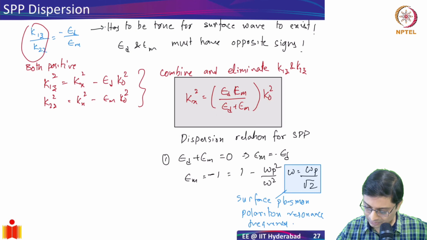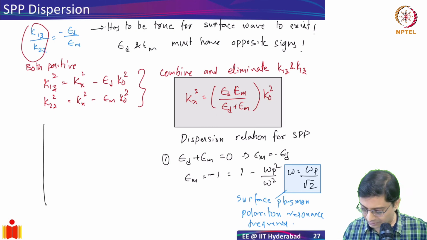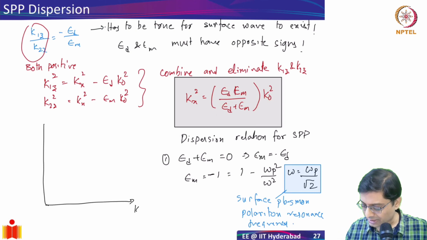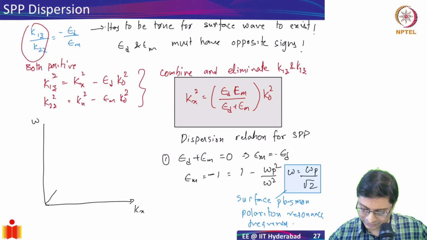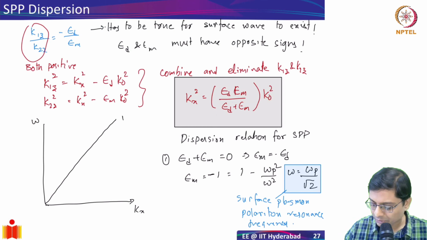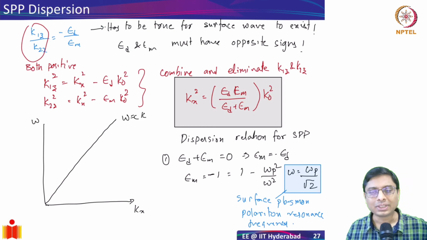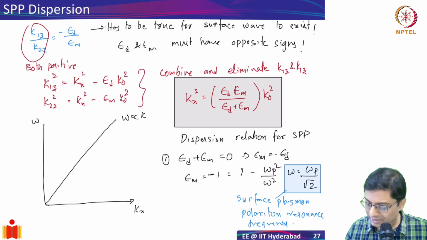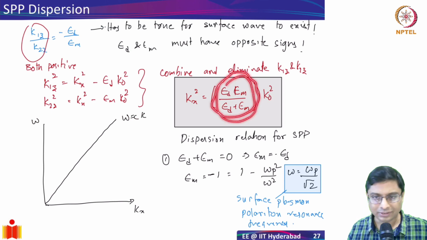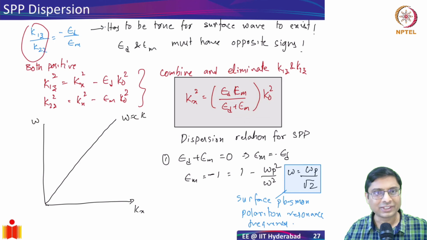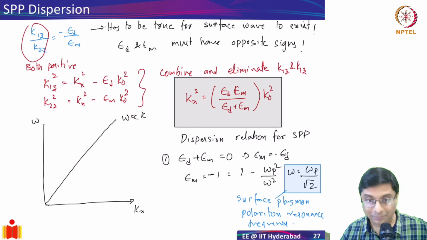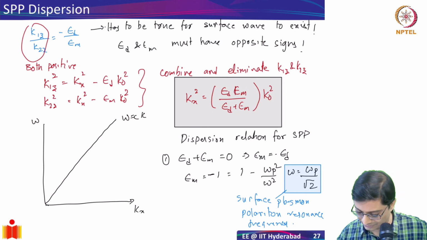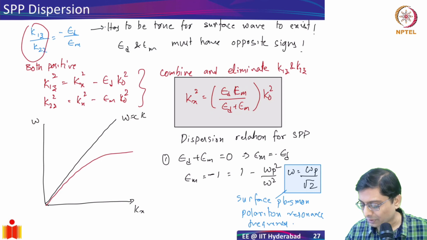But briefly, we talked about the dispersion previously, the omega versus k relation. And we know the light line, which captures omega equal to ck, right? Now, when you see that this combination is greater than 1, especially for frequencies less than the plasma frequency, you'll see that the dispersion turns out to be of this form.